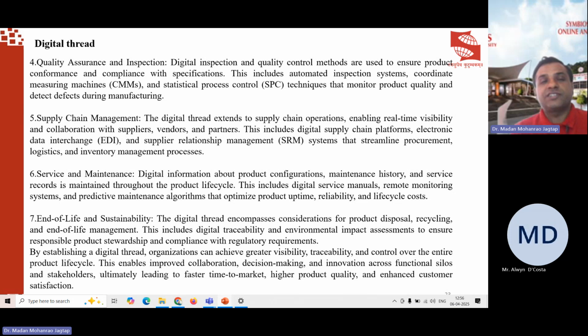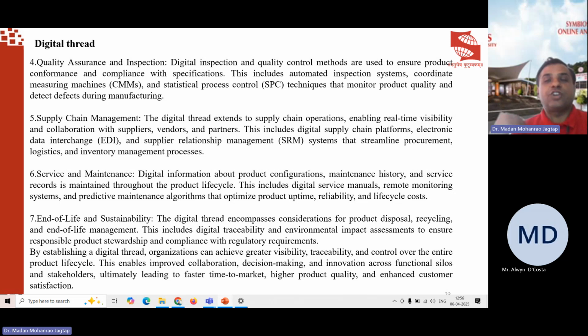In the quality assurance and inspection phase, we can go through the standards of that product and check whether the specifications are as per the design or not. So whether the final product is compliant with the standard or not, that comes in quality assurance and inspection.